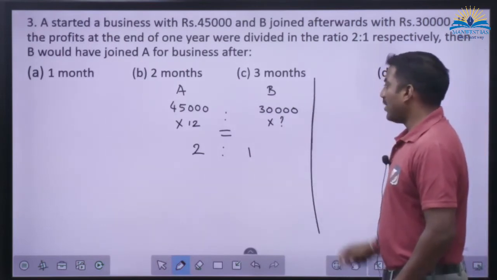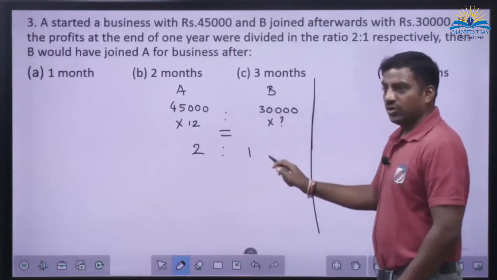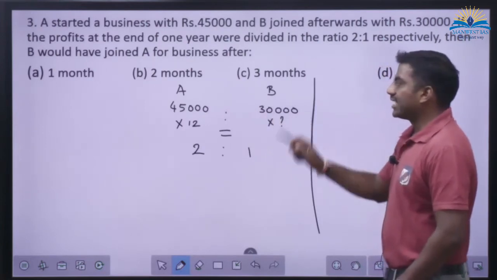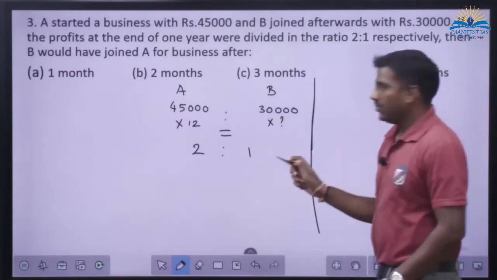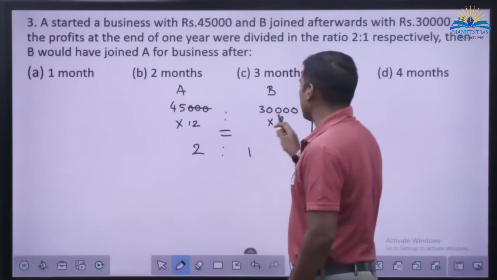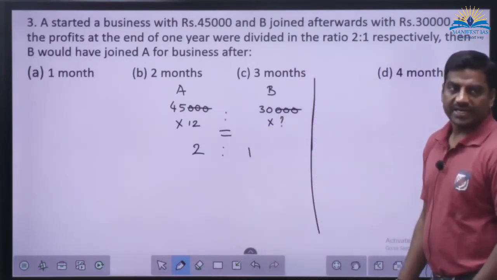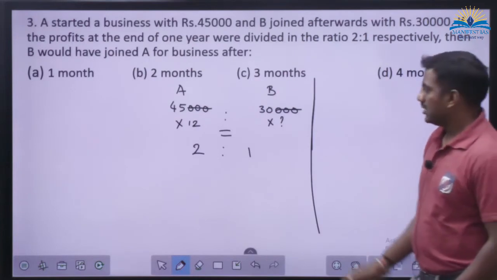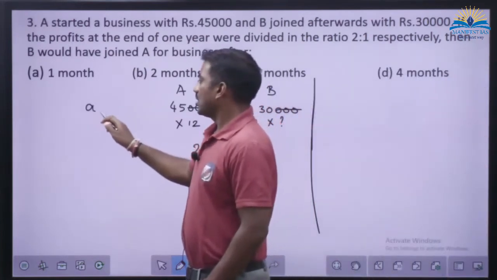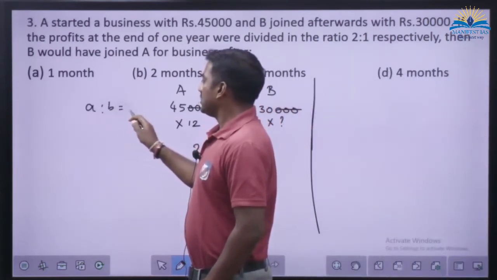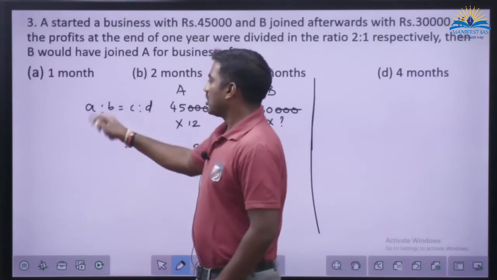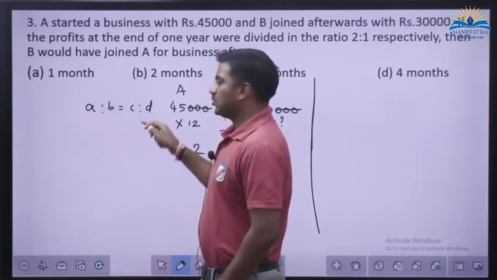So how will it be? First of all, I have told you A is to B equal to C is to D. You can take out the common factors out of A and B. So can I take out these 3 zeros and these 3 zeros? Can I take? Yes. Simple, no? A is to B is equal to C is to D. Can I take out the common factor out of these two and these two?